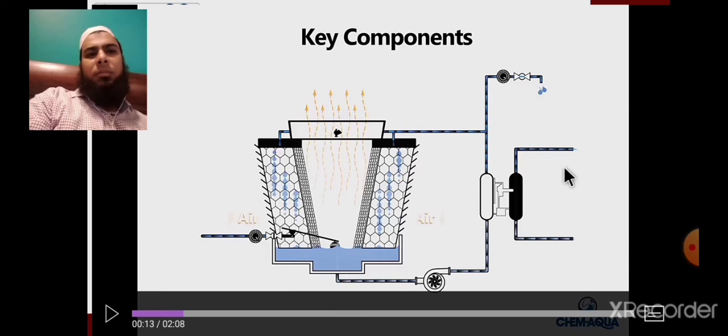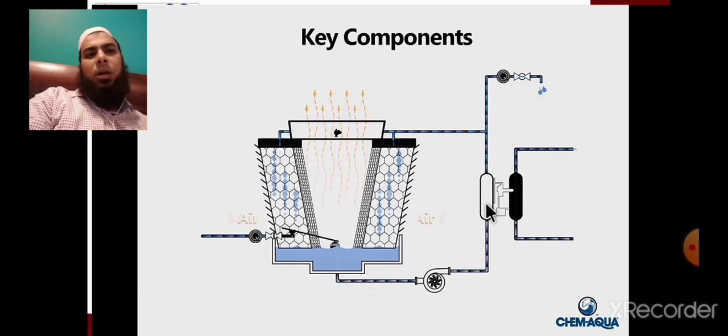You see that the water is absorbing heat from the condenser, through this pump, and goes to the top of the cooling tower. It sprays the water, and from the bottom the air is passing. The more the air comes in contact with the water, the more heat it takes from the hot water. Also some amount of water evaporates, and we have a blower so that there is a continuous flow of air.